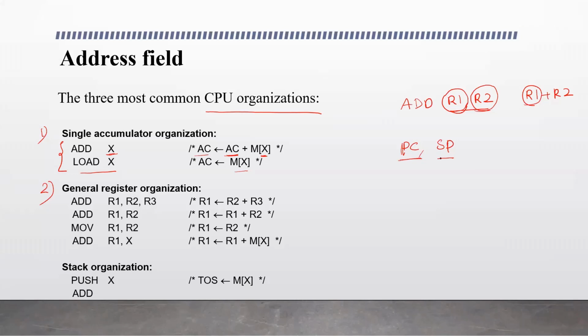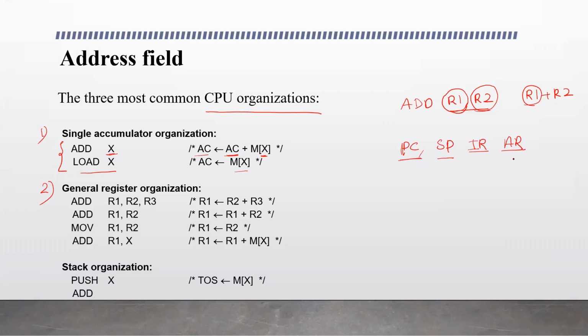We learned it when we learned about the stack. This is the register specially used to point to the top of the stack. In the same way, we have the instruction register, IR, to store the instruction once it is fetched from memory. And we have AR, which is specially used for storing the address. These are all special purpose registers.